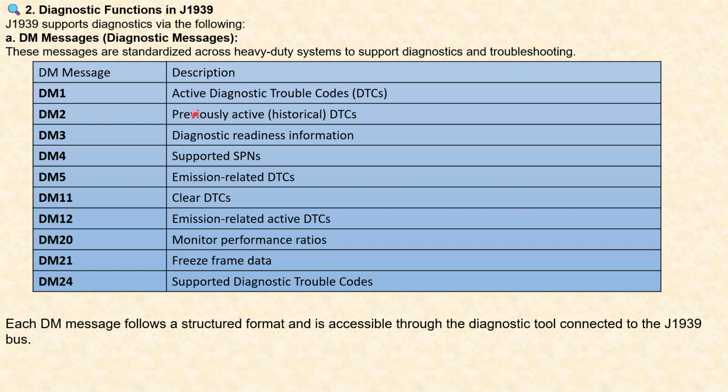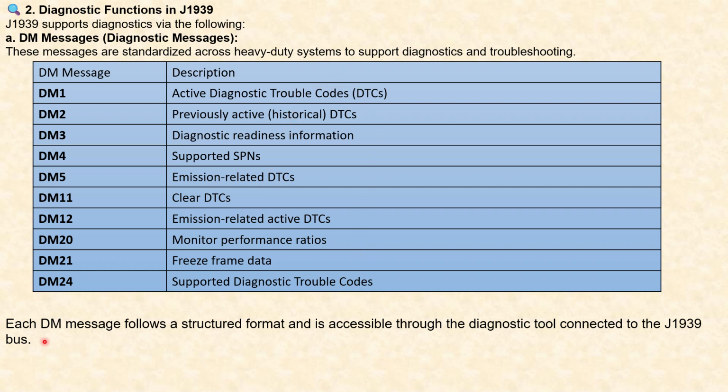DM2 is previously active diagnostic trouble code. DM3 is diagnostic readiness information. DM4 is supported SPNs. DM5 is emission related DTCs. DM11 is clear DTCs. DM12 is emission related active DTCs. DM20 is monitor performance ratios. DM21 is freeze frame data, and DM24 is supported diagnostic trouble codes. So these are all the various diagnostic messages and their respective description.